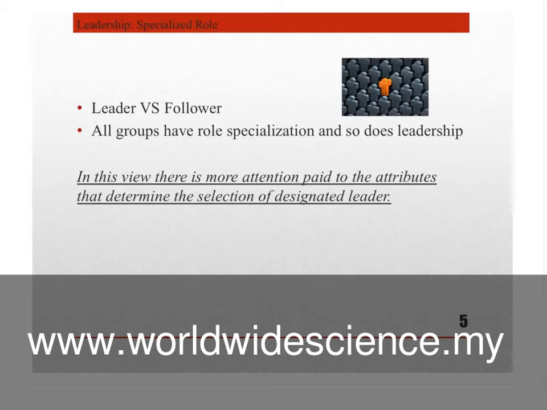They do exactly these kind of designated jobs or tasks that they're required to do, and basically they pay more attention to attributes of the person that a designated leader has. So in this view, there's more attention paid to the attributes that determine the selection of designated leader.